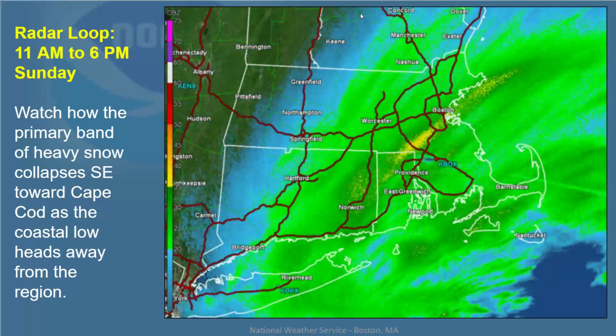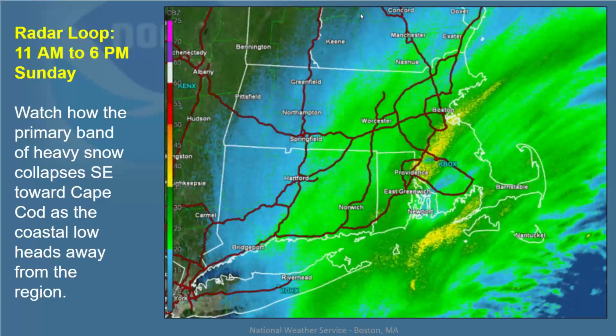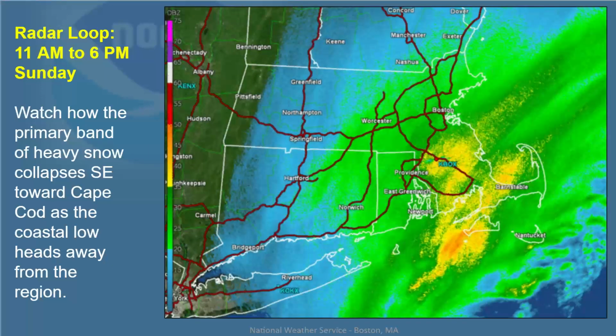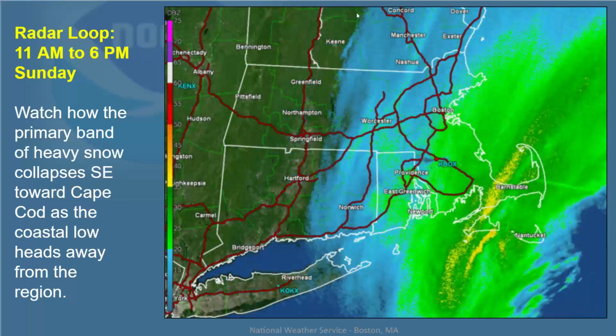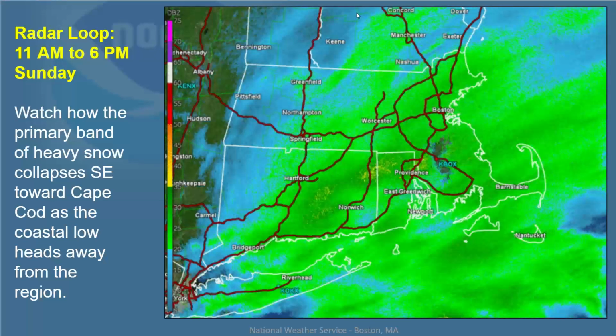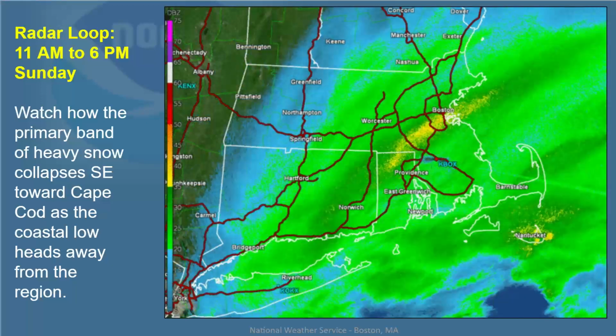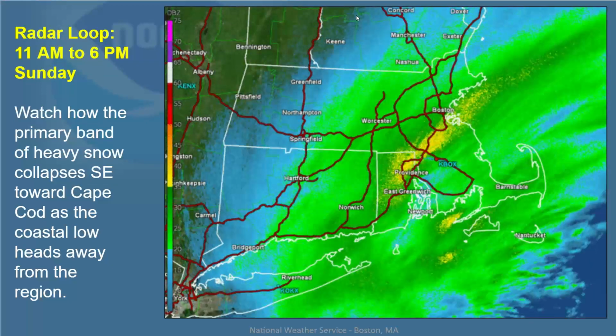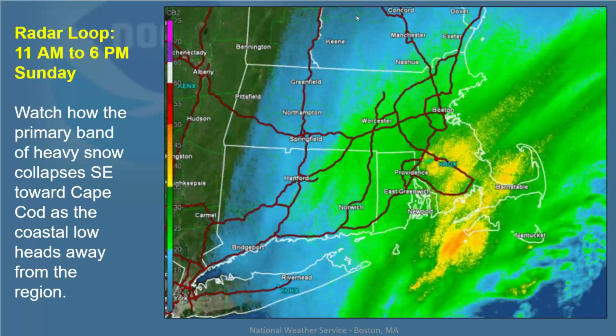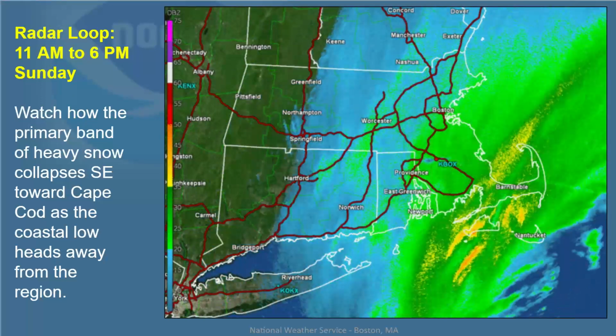And you often get that with the weaker systems because there's nothing pulling it southeast real quick. Sometimes with the real strong storms, the storms are racing and it ends up pulling the band quickly to the east. In this case, because the storm was relatively weaker, it was able to kind of hang out over that area for several hours.